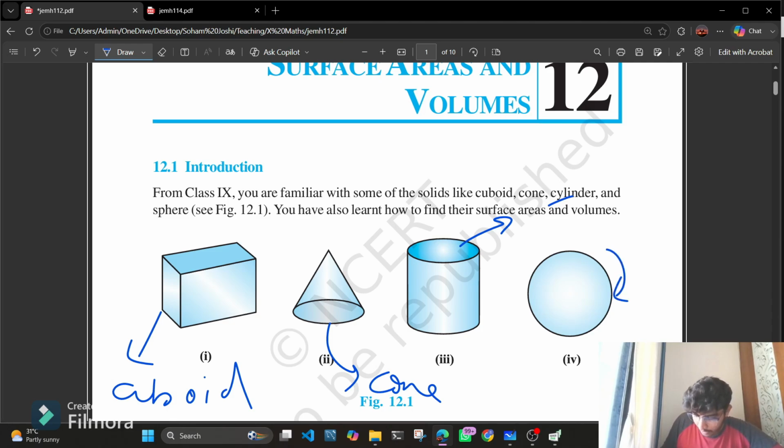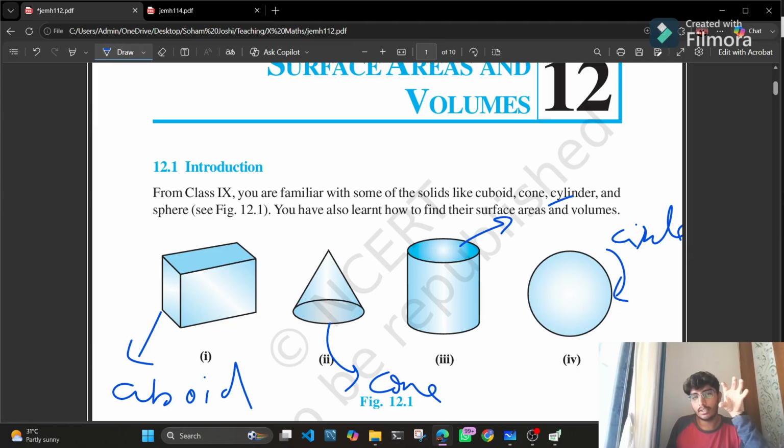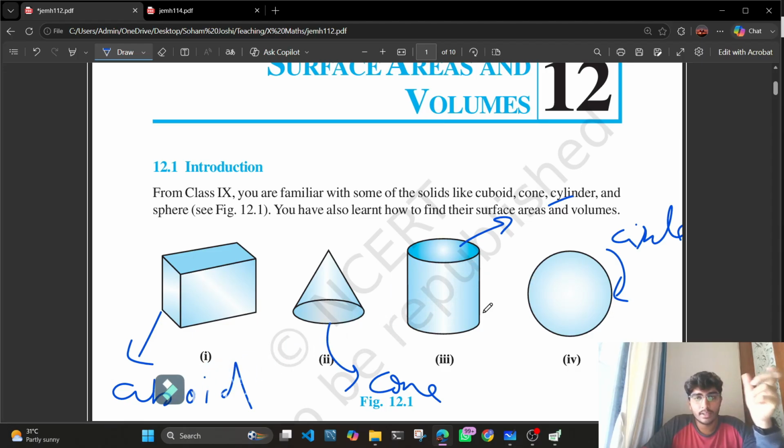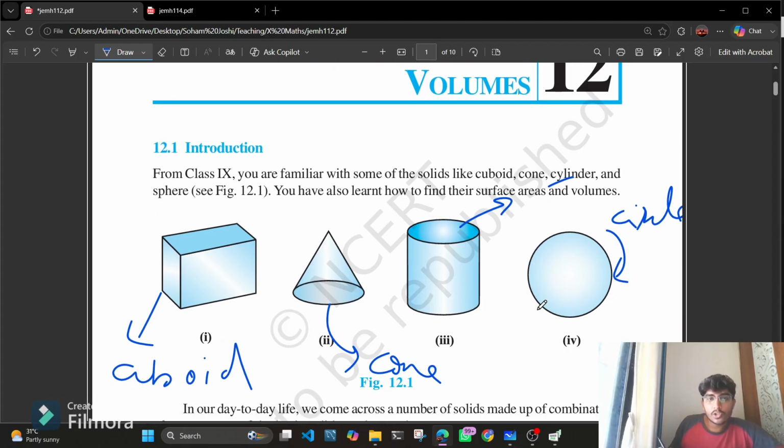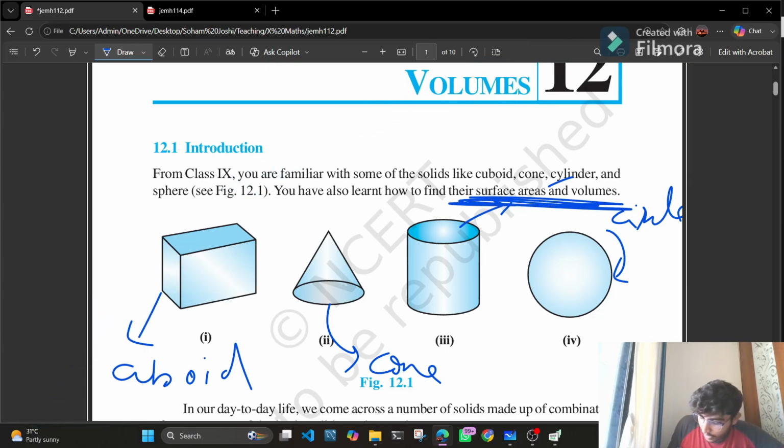It looks like a circle because we are viewing it in a 2D form. We are viewing it on a paper, so that is why it looks like a circle, but it is a sphere. Okay. So we have also learned the formulas to find their surface areas and volumes.